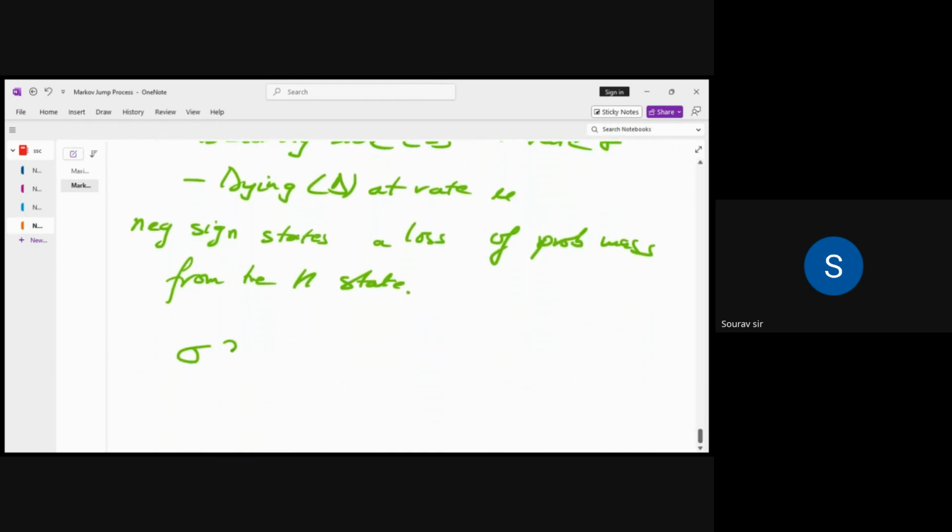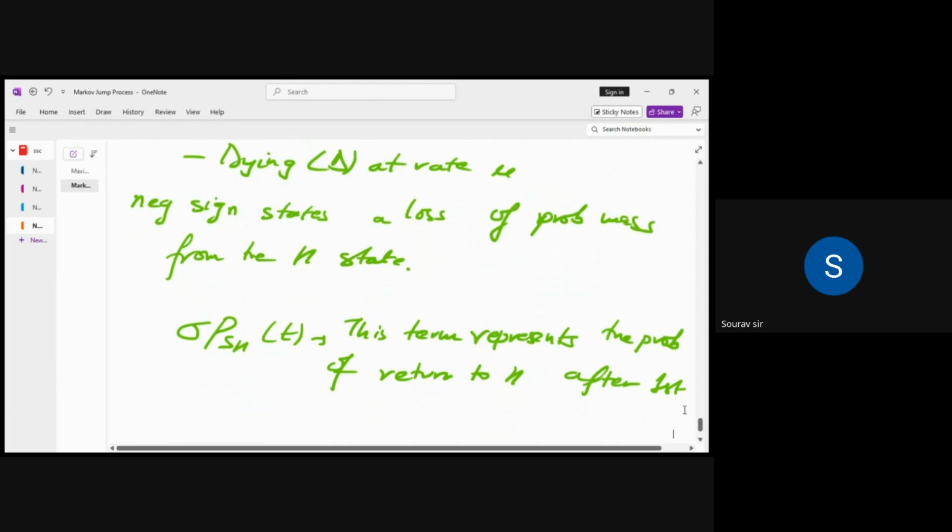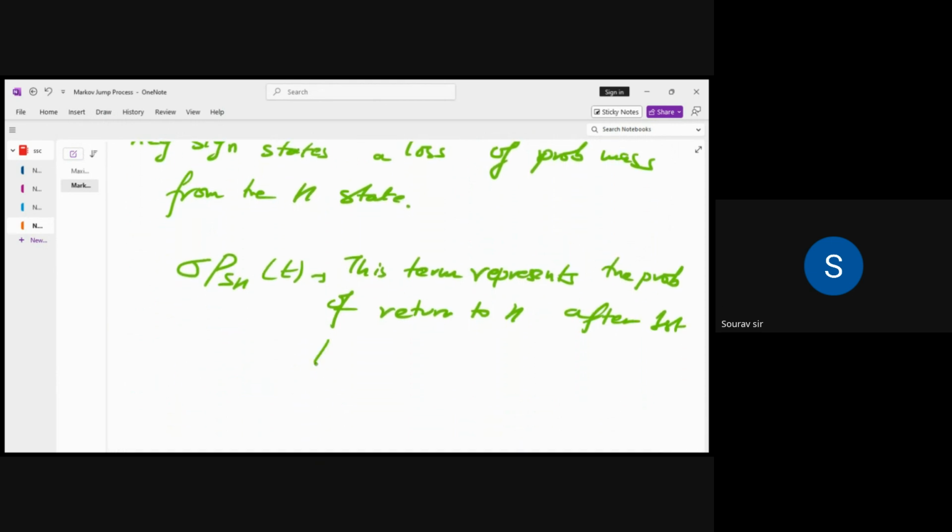That term represents the probability of returning to H after first transitioning to S. Okay.